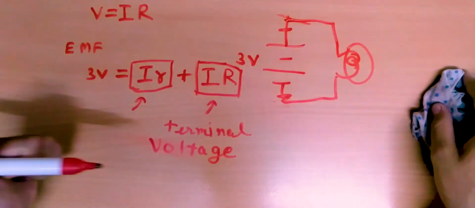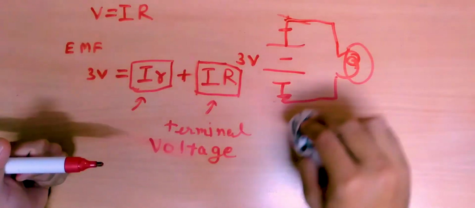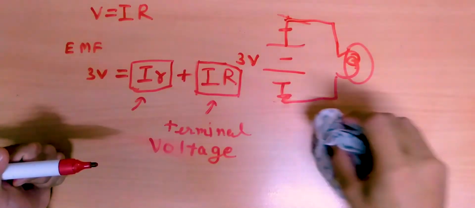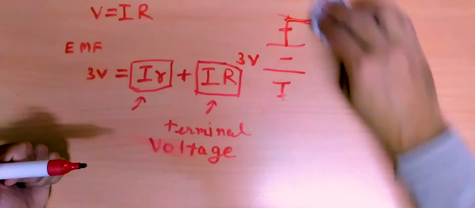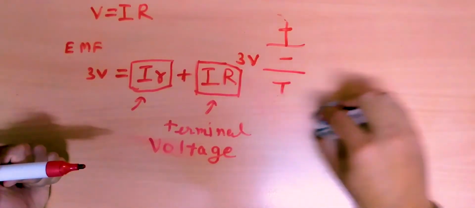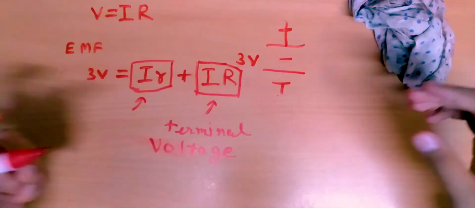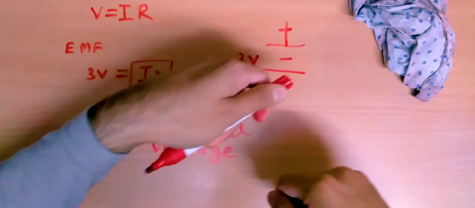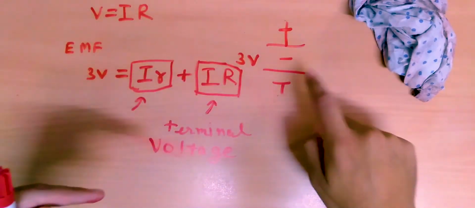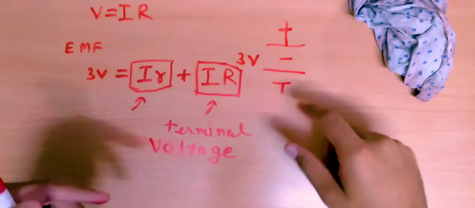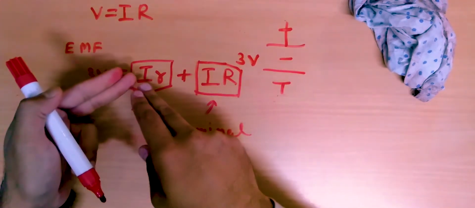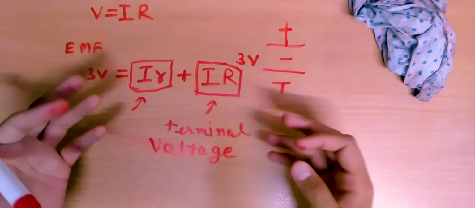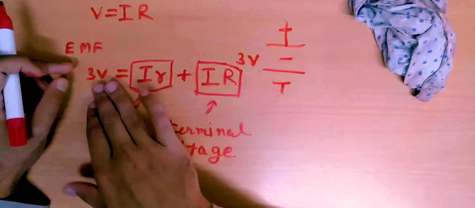So the terminal voltage that you measure in this case would be lower than the voltage that you get if you remove this circuit and take a multimeter or a voltmeter and measure the voltage of the battery directly, because in that case the current flowing would be lower, and so the energy per coulomb wasted is lower, and so you get a closer value to the EMF.